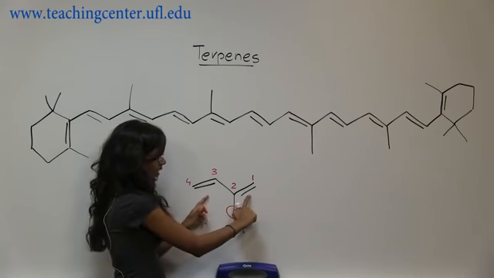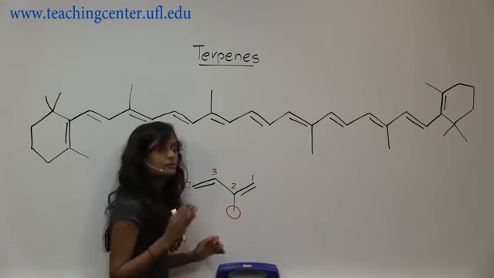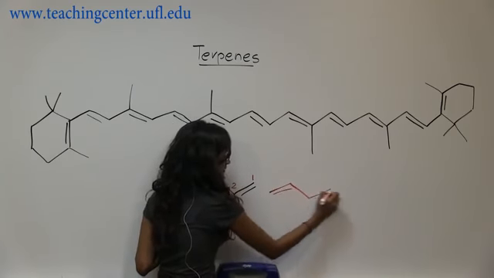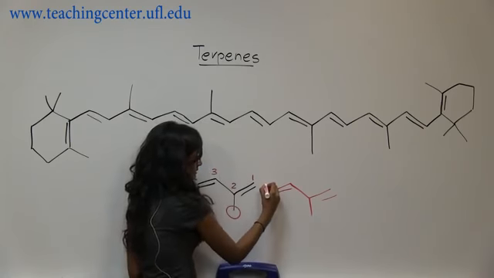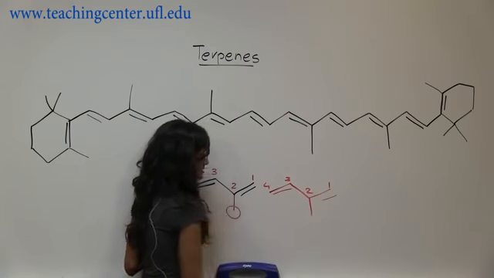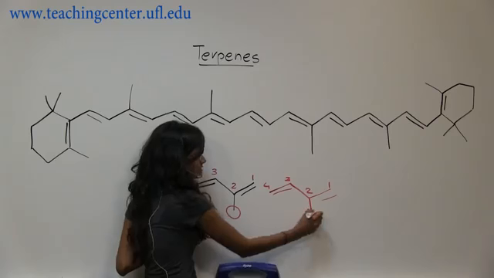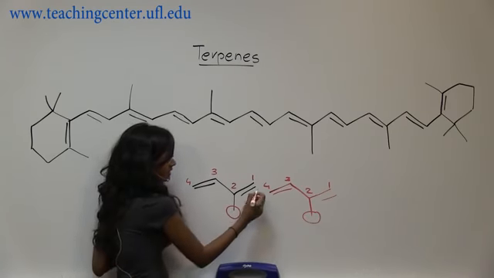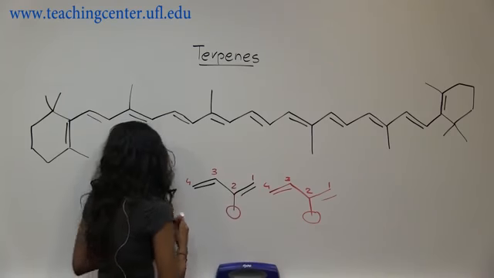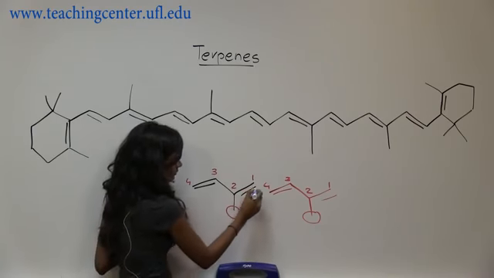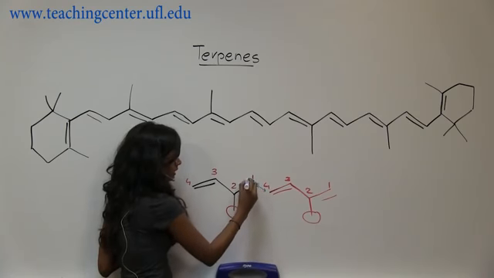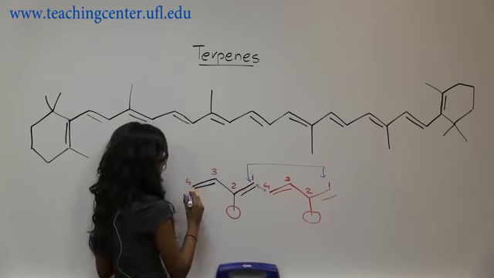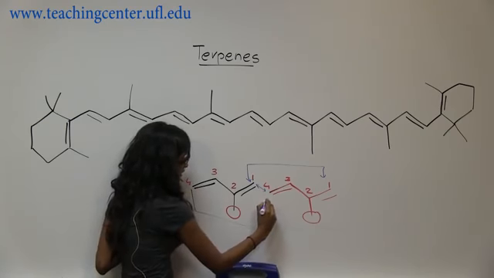These conjugation bonds, these pi bonds, will move around. So let me draw another isoprene unit. So this is one isoprene unit, and that's another isoprene unit. When two isoprene units combine with each other, they make a bond between either 1 and 4 or 1 and 1 linkage or 4 and 4 linkage.